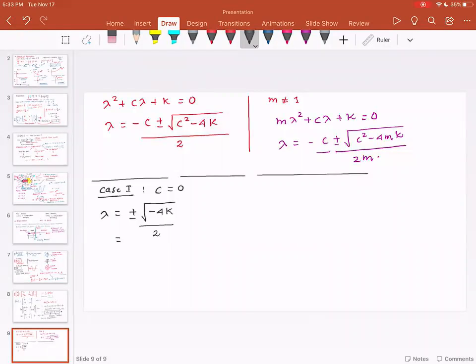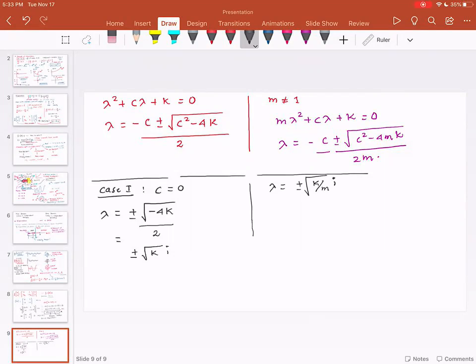So this gives me plus minus square root of k i. If m was not equal to 1, then lambda is equal to plus minus square root of k by m i.